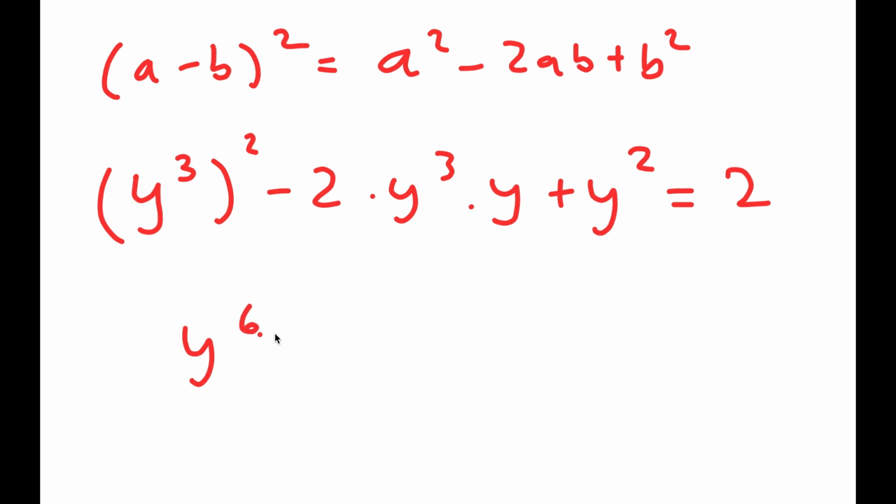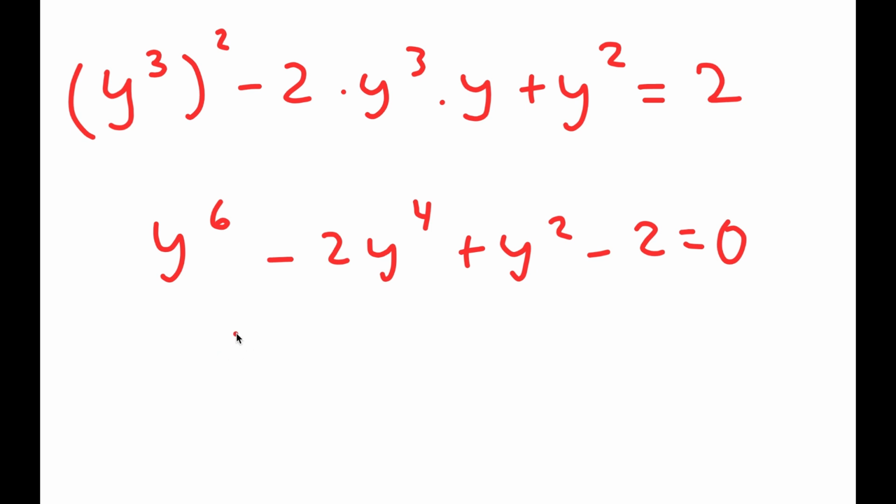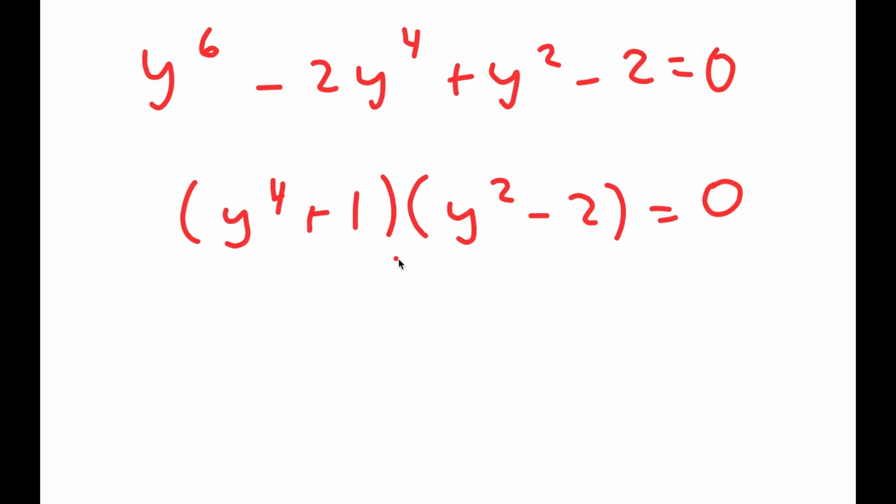And this is equal to y to the power of 6 minus 2y to the power of 4 plus y squared minus 2 is equal to 0. Now from here, this turns into y to the power of 4 plus 1 times y squared minus 2 is equal to 0, because we just factored by grouping.